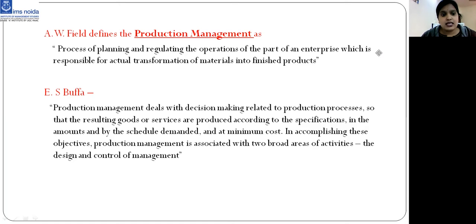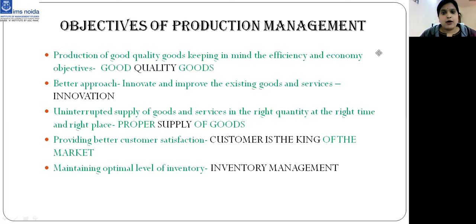In accomplishing these objectives, production management is associated with two broad areas of activities, the design and the control of operations. In order to understand further about production management, let's come to its objectives. The first objective of production management is that it helps in the production of very good quality goods, keeping in mind the efficiency and economy objectives.